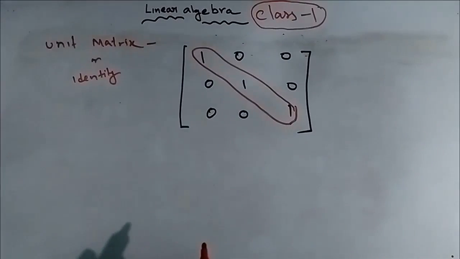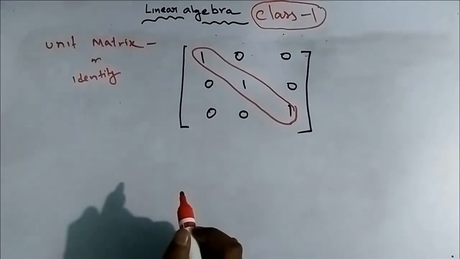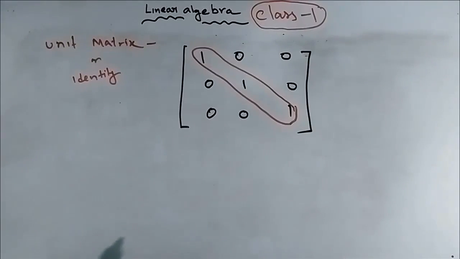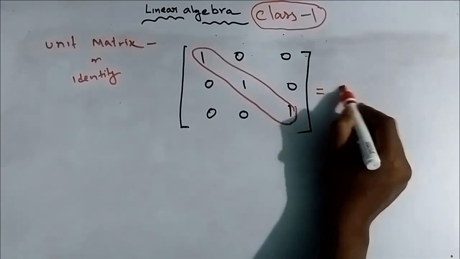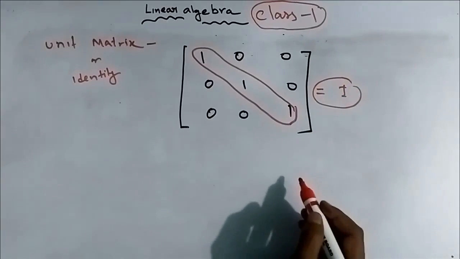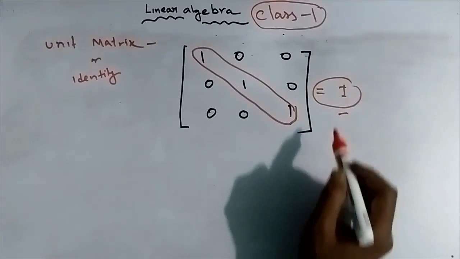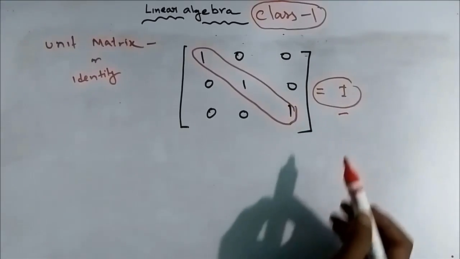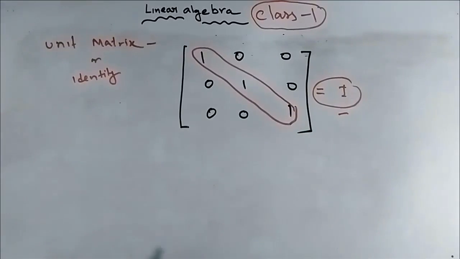So guys, let us learn some properties of this matrix. And I want to say one more thing: the identity matrix is denoted by I. This is the principal rule, that you cannot denote the identity matrix with any letter other than I. It must be denoted by I for identity. Okay, so here I want to say some properties of the identity matrix.